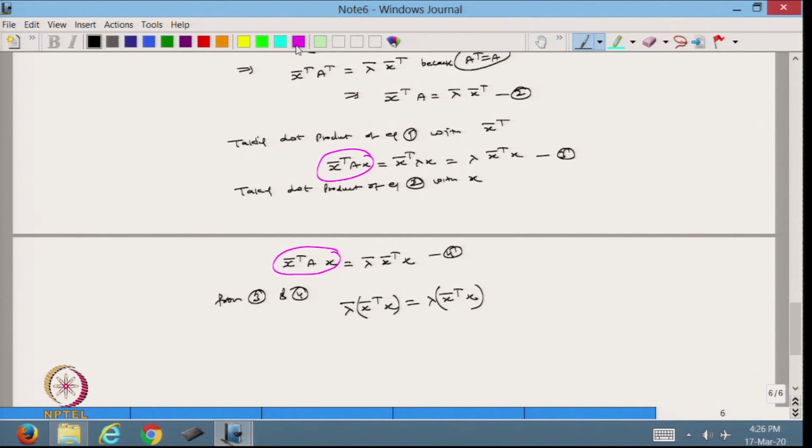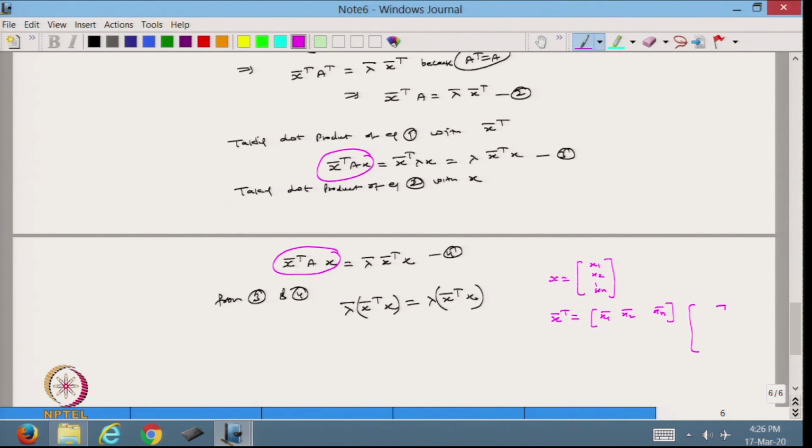Suppose x is a vector x1, x2, xn and is complex valued. So, x bar transpose will be x1 bar up to xn bar, and then multiplied by x.